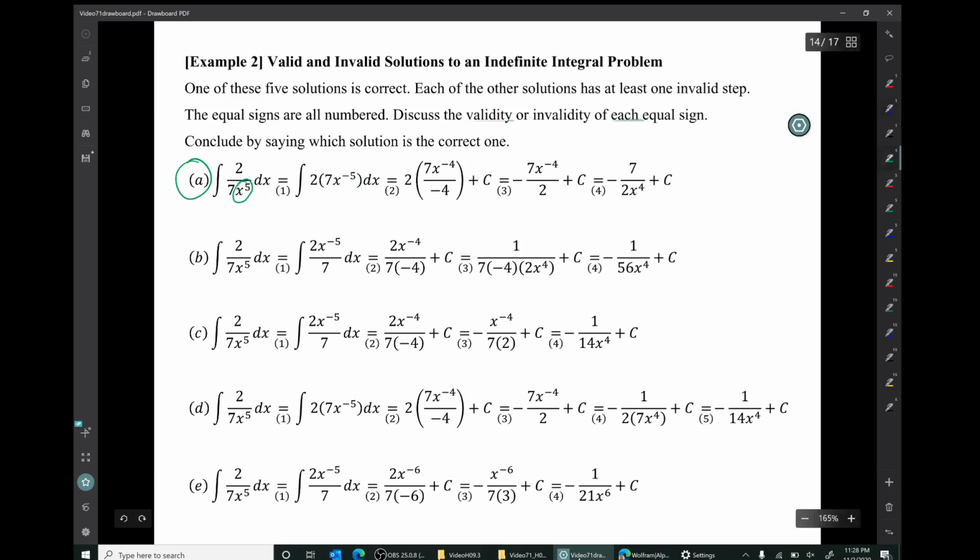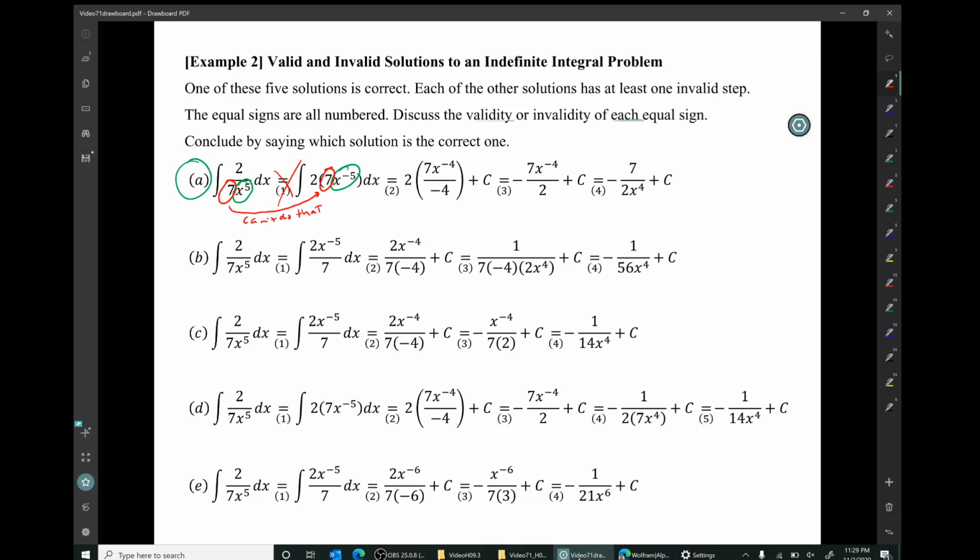This x to the 5th got moved from the denominator up to the numerator to put it in power function form. That's okay. It becomes x to the minus 5th in the numerator. But wait a second. That 7 got moved from the denominator up to the numerator. That's not allowed. So that equal sign is invalid. We can't bring the 7 up like that.